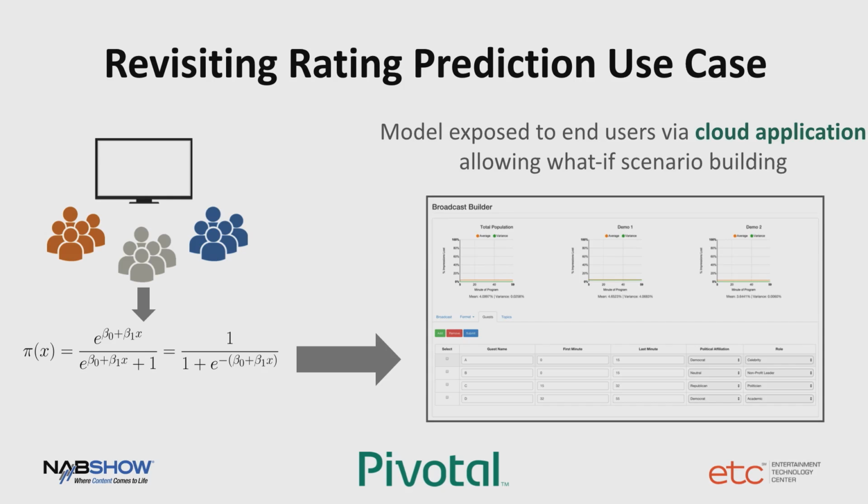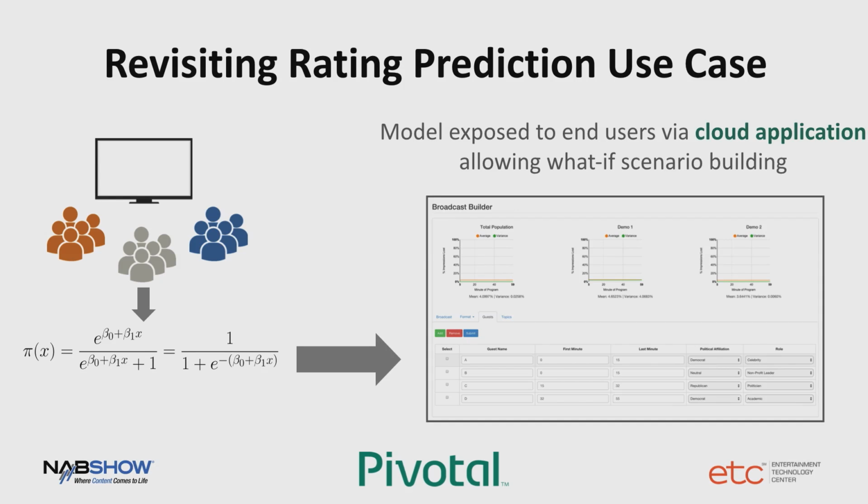Here we're talking about ratings prediction, and we went through the process of building the model, and now we have some quantifiable impact of these levers, or these production decisions, on ratings. We incorporated this into an application like the one you see here on the slide, with a couple of graphs going across the top, and what these represent is the ratings at any point in time within the show.